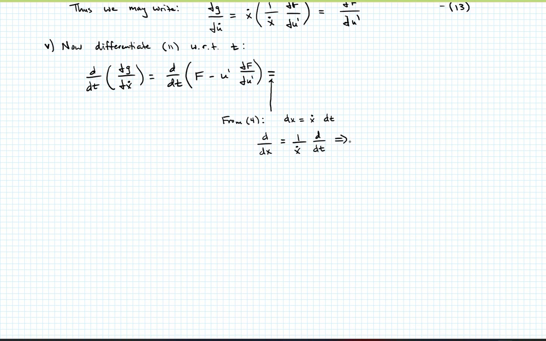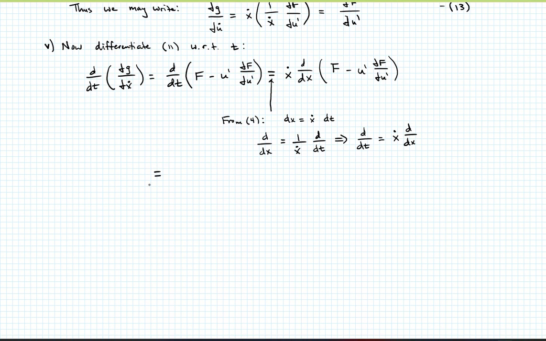And therefore, d by dt is equal to x dot d by dx. Okay? So if we make that assumption, then this becomes x dot d by dx now of f minus u prime partial of f with respect to u prime. Okay? So now, let's go ahead and keep dropping down.